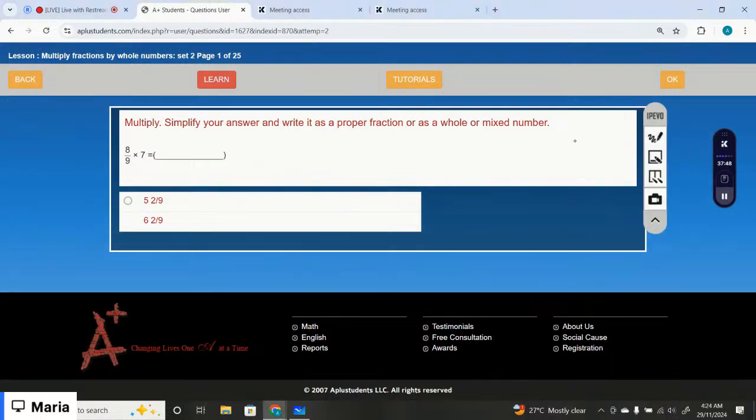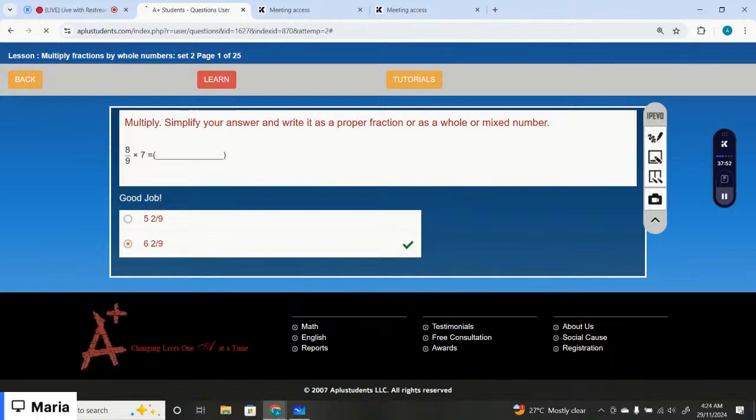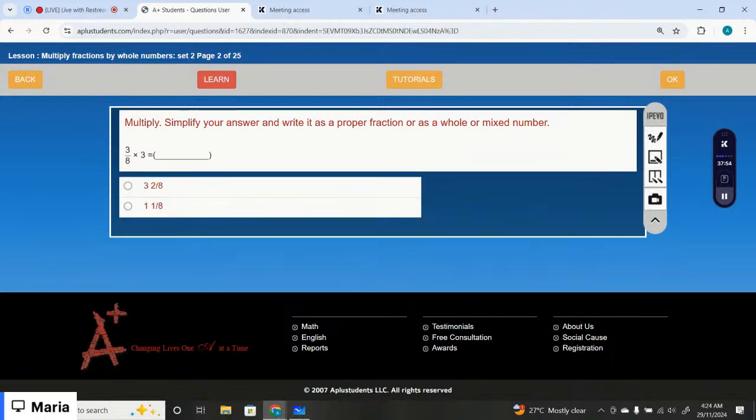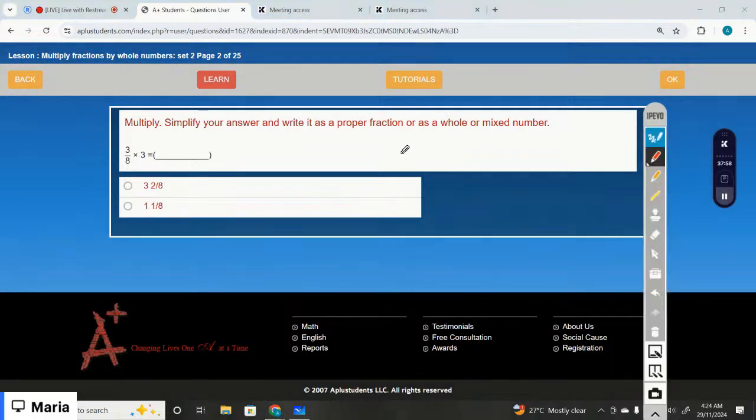When you have to multiply a whole number and a fraction, just multiply numerator times numerator, and the denominator would be 1 for the whole number, right? Okay, 3 by 8 times 3. You don't have any denominator, so that would be 1. 3 times 3 is 9, 9 over 8. So which is the correct option?